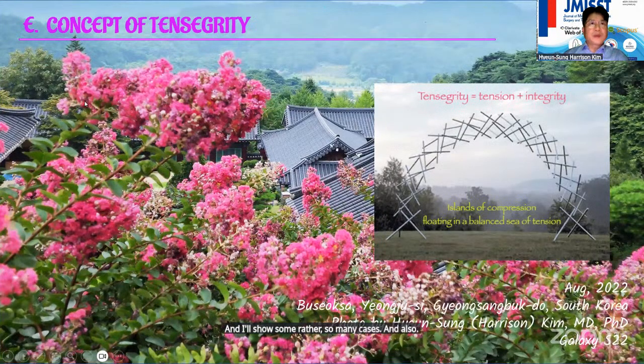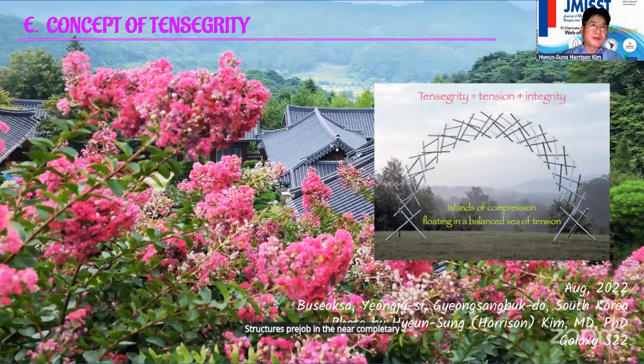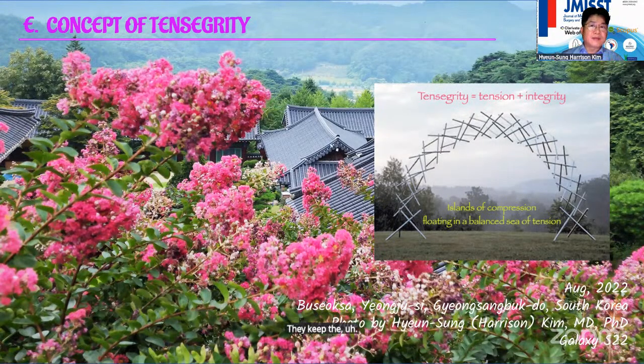In endoscopic lumbar interbody fusion, the structures are preserved nearly completely, not only some muscle, facet, and ligament, but the skin is also very important to keep. Because of that, after endoscopic lumbar interbody fusion, many degenerative deformity cases keep their concept of tensegrity.